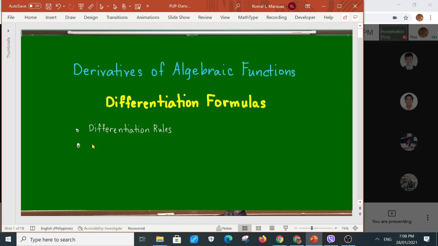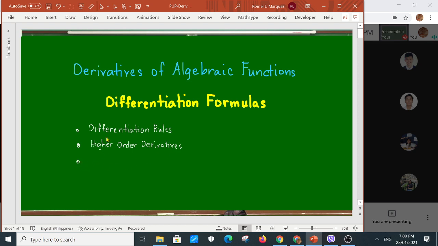Then we have higher order derivatives. We had already some of this before, no? Derivatives.